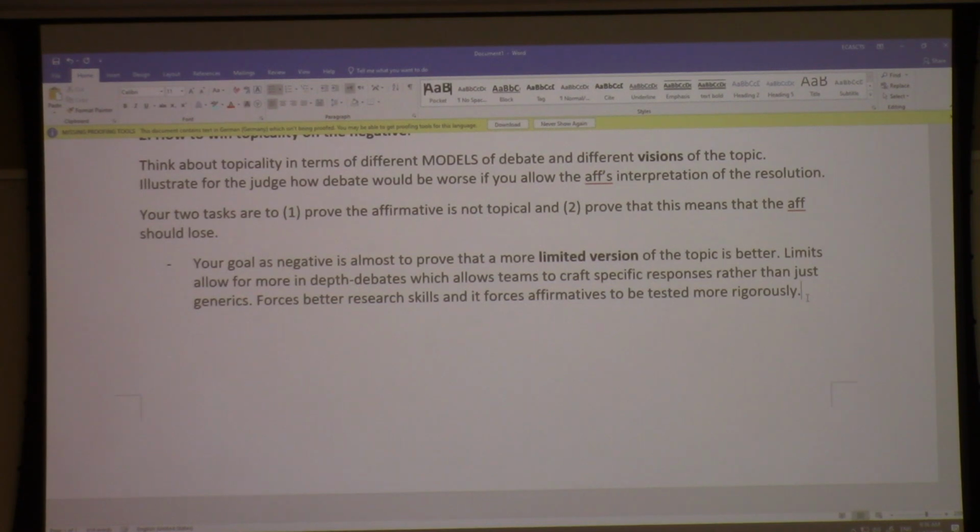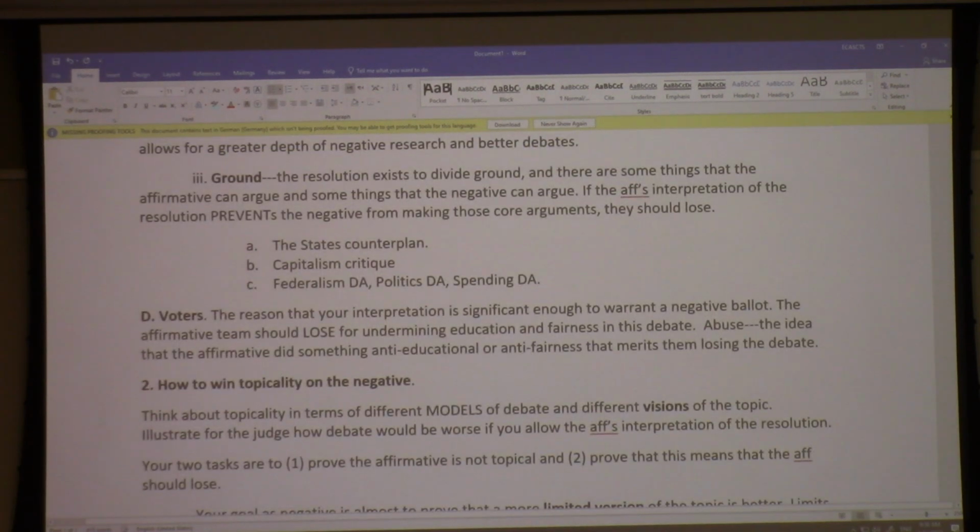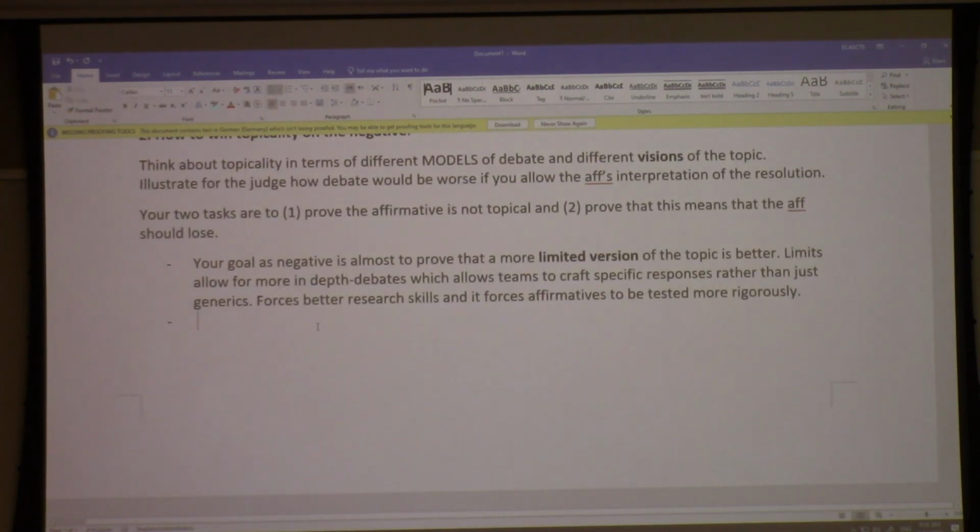Yeah. And then the second thing that you need to do in order to win topicality is to define the frame that the judge should use for interpreting topicality debates. So this is something that you'll sometimes see in the voters section, but I'll just talk about here. And that is, you need to win that competing interpretations is how judges should evaluate topicality.